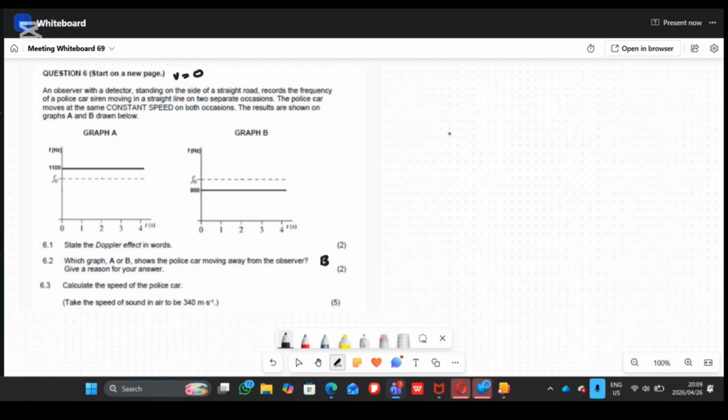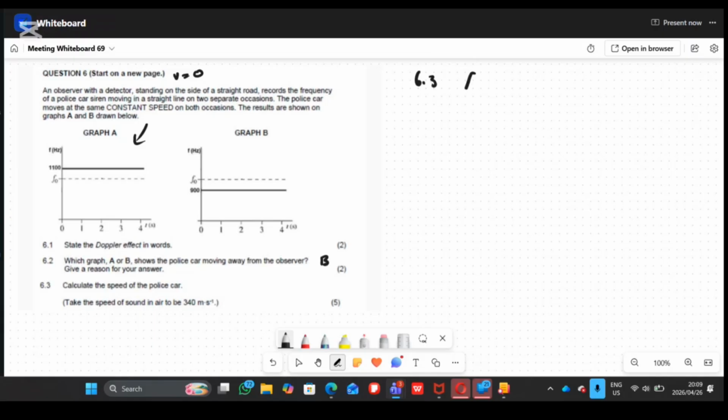And I was even going to forget about simultaneous equations in this case. Because in scenario number one, we have to all agree that this is where the police car was moving towards the observer. The police car was moving towards a stationary observer, right? So you're going to say 6.3.